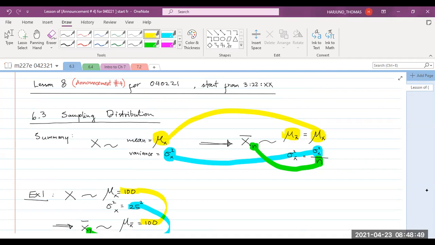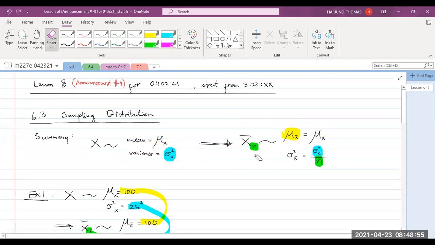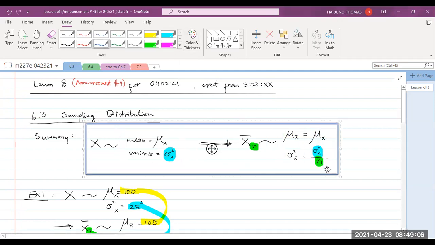In 6.3, basically, we learn this. That's basically what we learn. And this is true for every situation. It is true in general, always true.